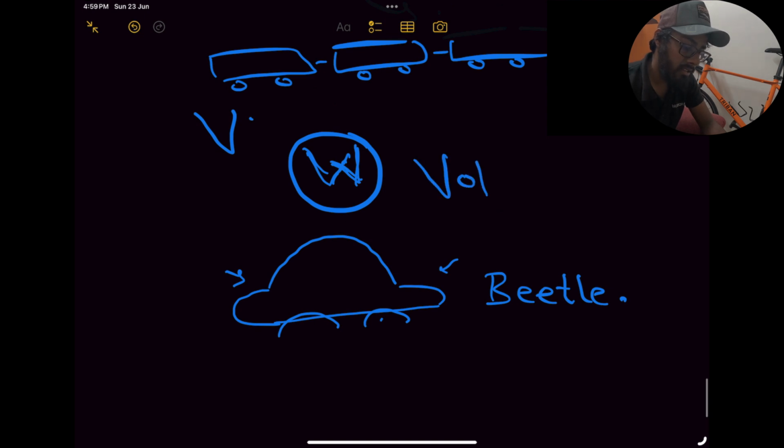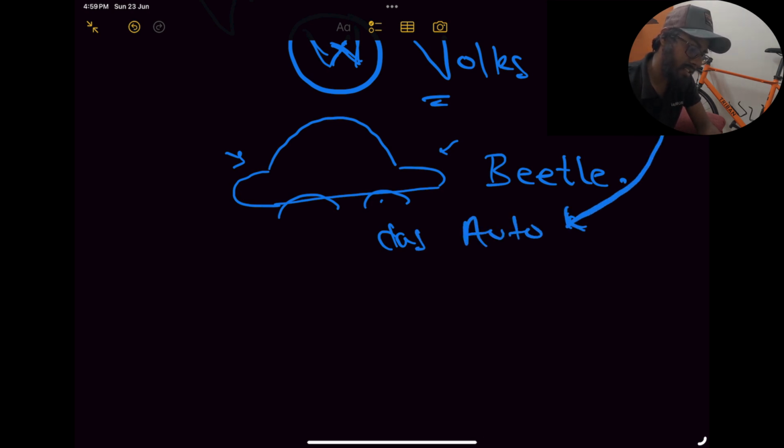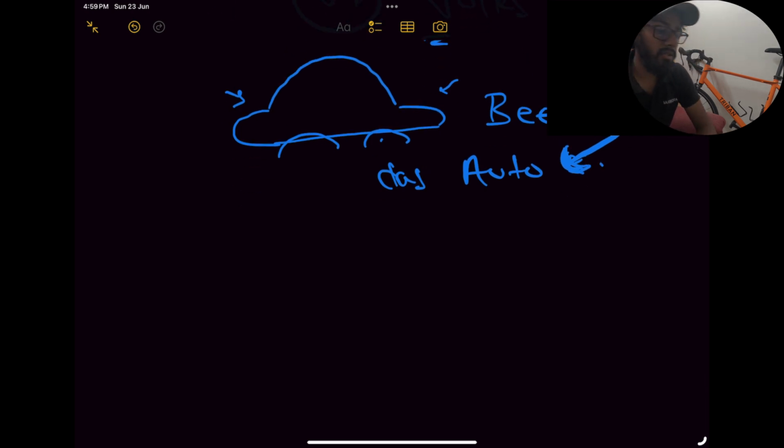So you write like this, Volkswagen. Das Auto. It's the punchline, Das Auto. It's part of their trademark. So Volkswagen, VW, and because Volkswagen has wagon, so you have this wagon.